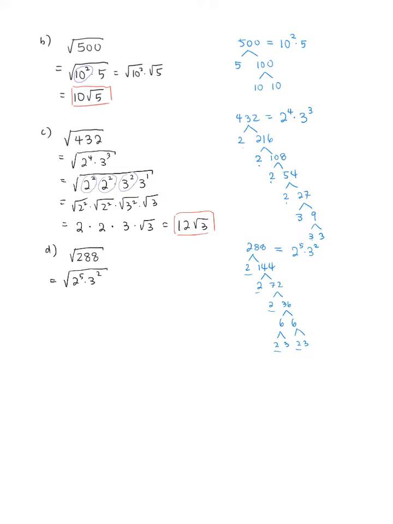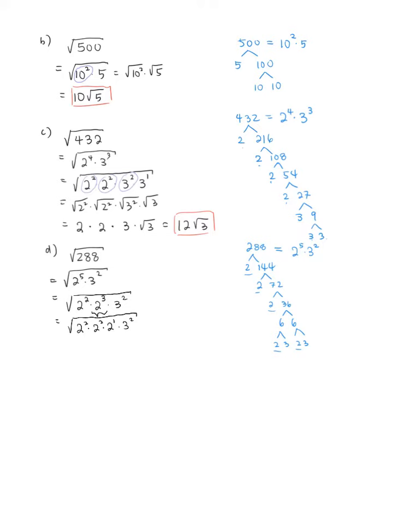Since I'm given the square root, I need to break this up into maybe 2 squared times 2 to the 3rd times 3 squared. Do you notice something? I could still break down 2 cubed, 2 to the 3rd power. So you get 2 squared times 2 squared times 2 to the 1st, because you add exponents. And then here you're going to have 3 squared. Sorry, I'm doing this step by step.